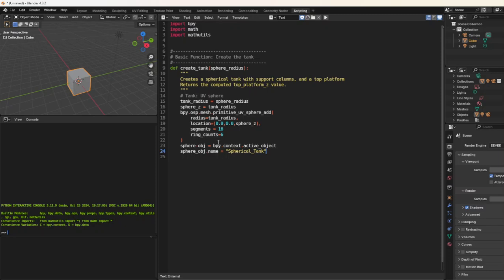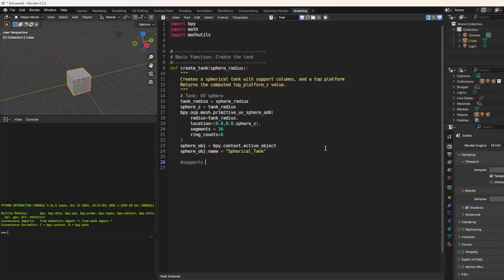Why do we need to give it a name twice? Because this just takes the active object, which is this, and gives it a name, but then we also name it again to spherical tank. So this name is the one we're going to use when we're coding in Python, but this is the name over here. The scene collection is going to be the spherical tank.